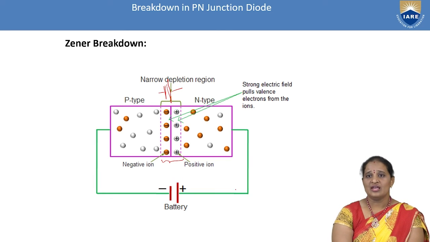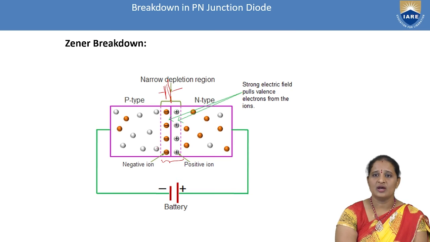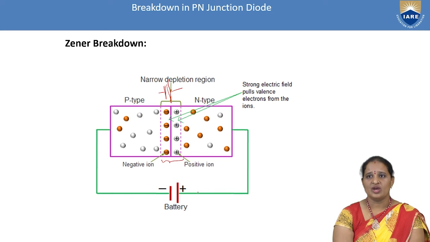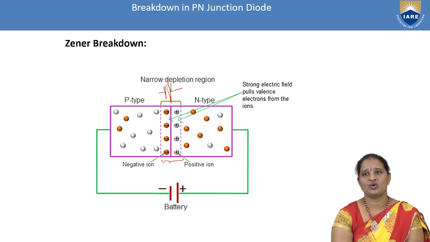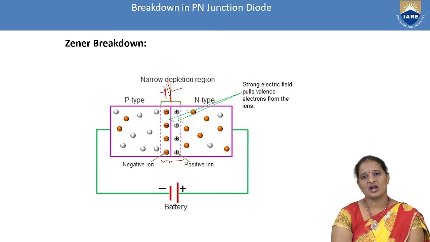This electric field is enough to pull the electrons out of the covalent bonds to participate in conduction. The strong electric field pulls the valence electrons from the ions. It can easily break the covalent bonds so that it can pull out the electrons from the valence shell, and hence they can participate in the conduction.